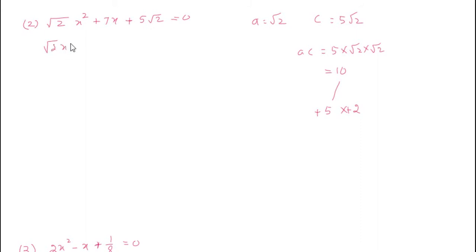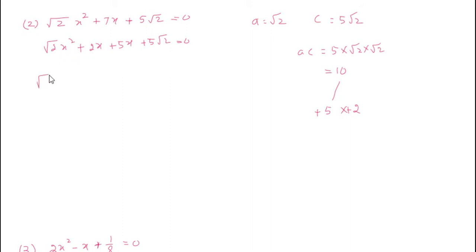Root 2 x square plus, let me take 2x first, 2x plus 5x plus 5 root 2 equal to 0. We have split the middle term 7x as 2x plus 5x. Now take root 2x out from these two terms.